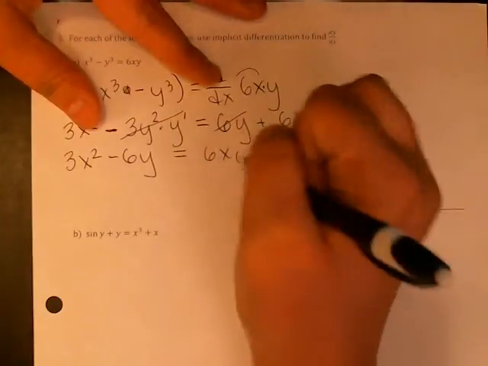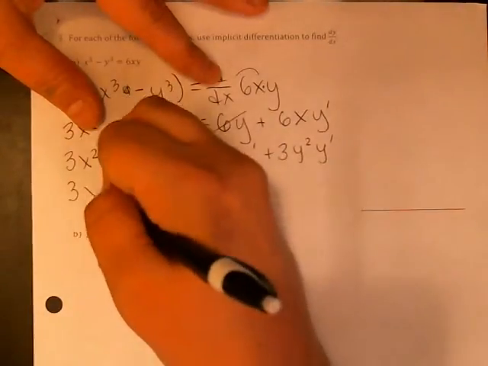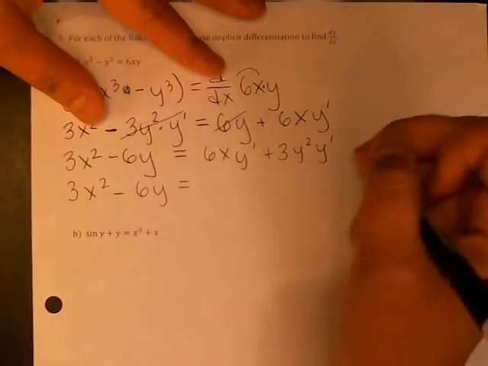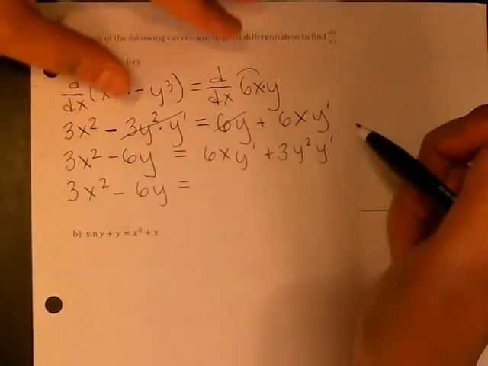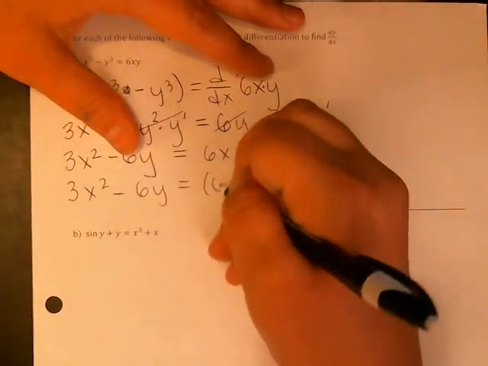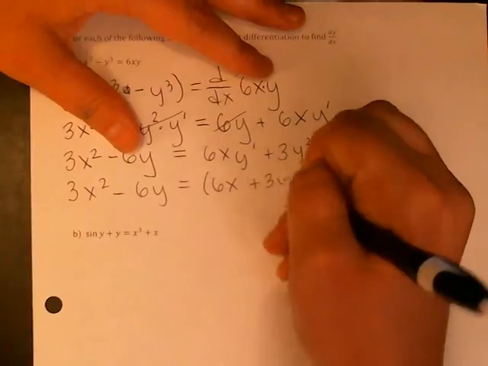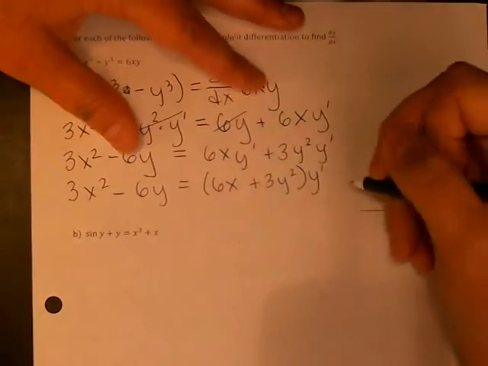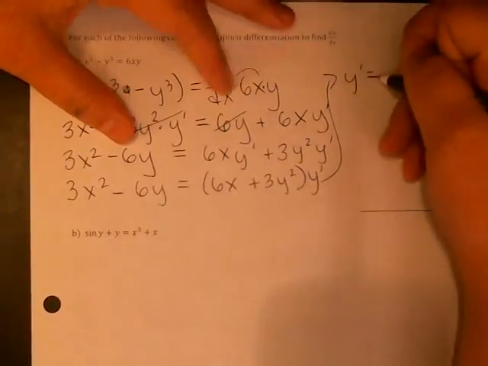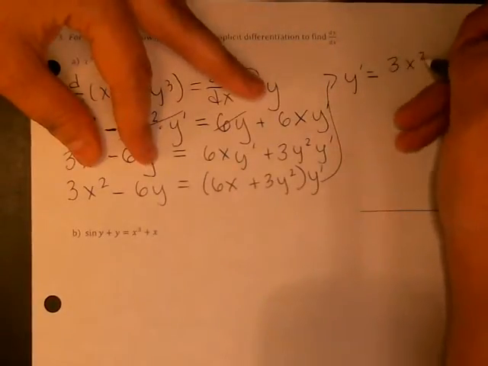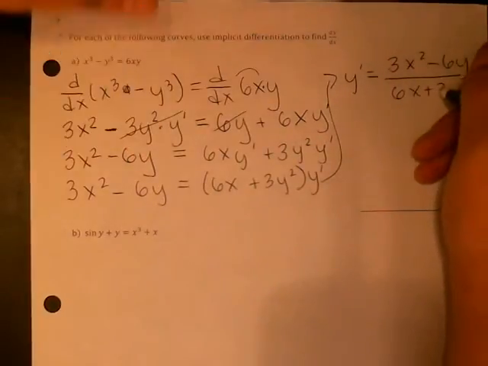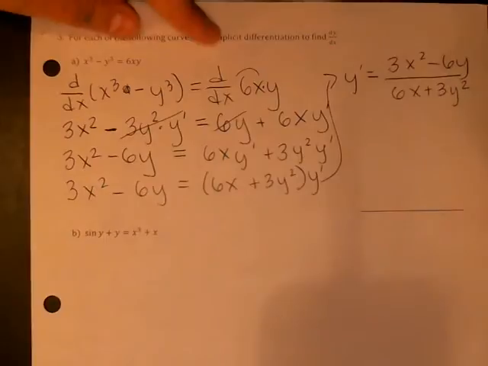I see two things. Okay, so we need to factor out a y prime is the big one. The other one I'm seeing is that everything is divisible by 3, and I kind of like to just get rid of that, but we'll wait. Okay, so we're going to factor out the y prime, and we'll be left with a 6x plus 3y squared. So we get that y prime is equal to 3x squared minus 6y over 6x plus 3y squared.